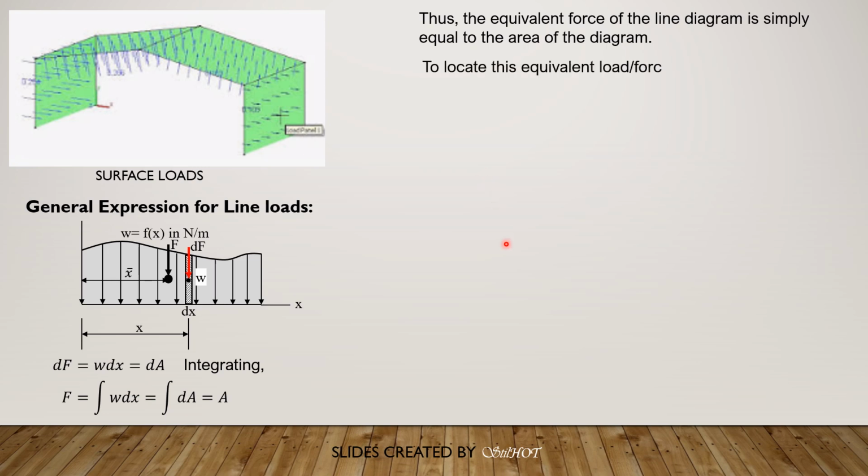Now, to locate this equivalent load or force, we apply Varignon's theorem for areas instead of for force. So F times x-bar, the moment of the resultant force about this left end here, is equal to the sum of the moments of its components. One component is represented by dF, and its distance from the left end is x.